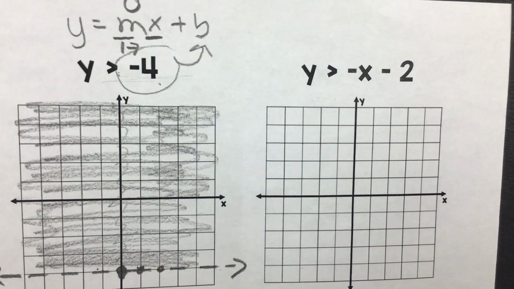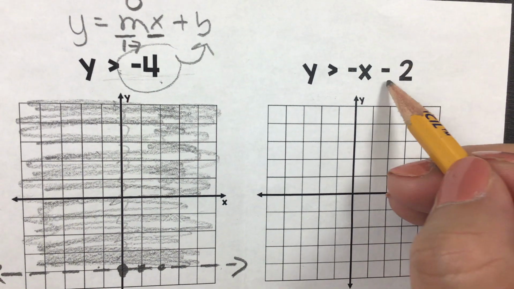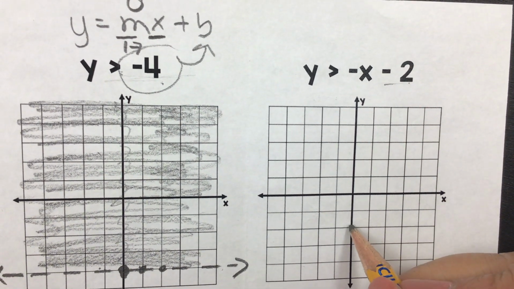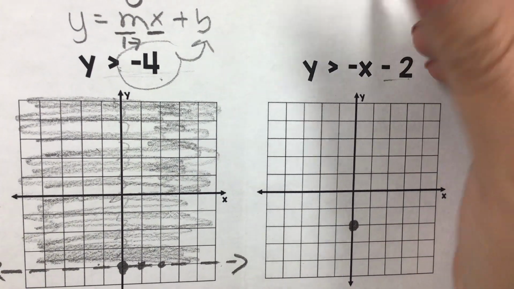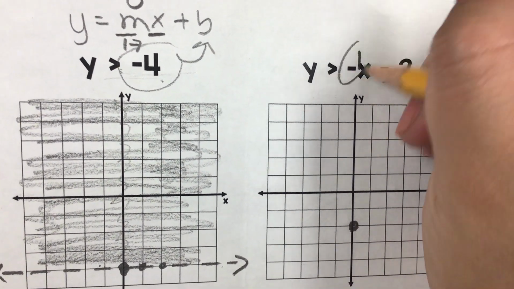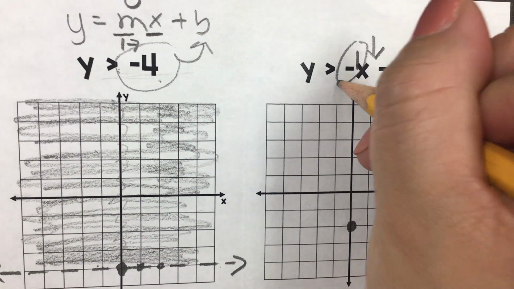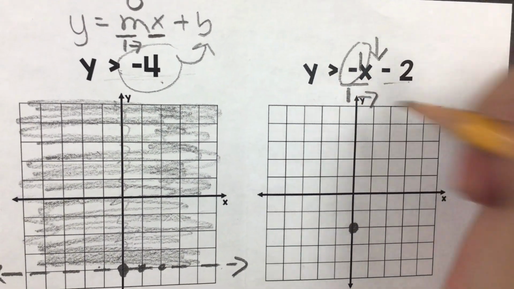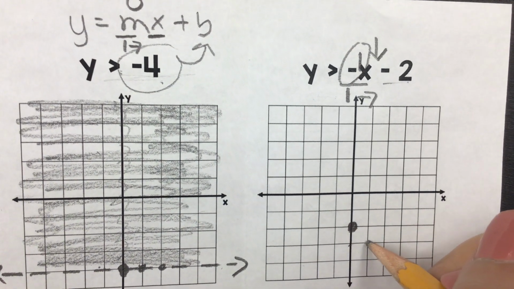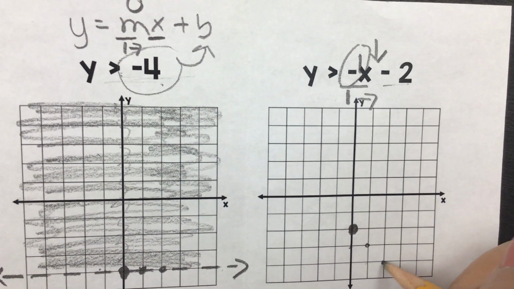All right, let's take a look at this one. This one has a -2 as my b. 1, 2. The slope would be -1. That means we're going to go down 1. If you can't see the denominator, it is 1 to the right. So down 1 to the right 1. Down and to the right.